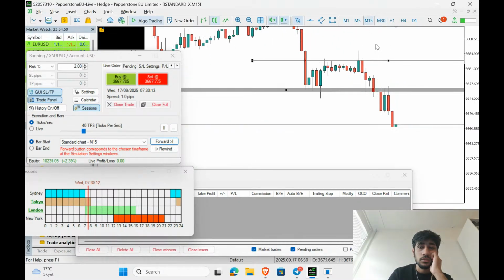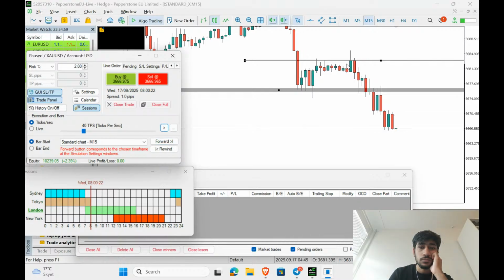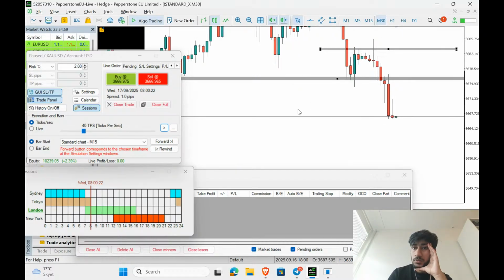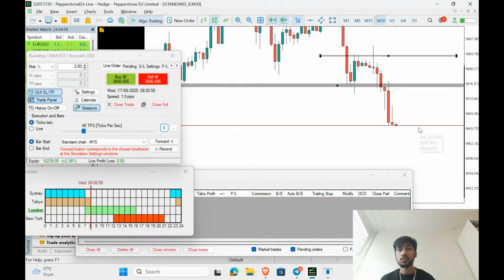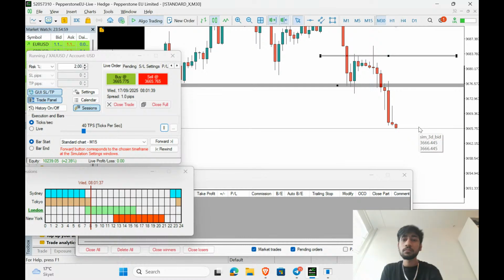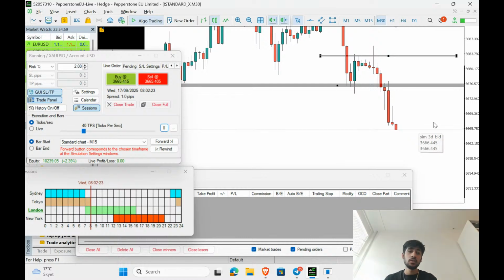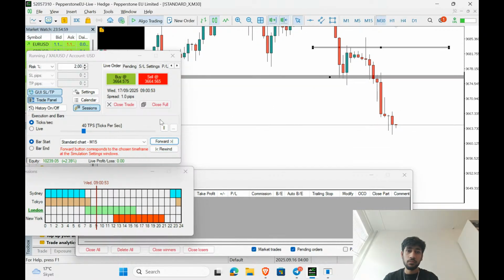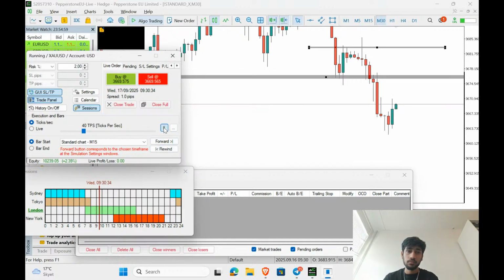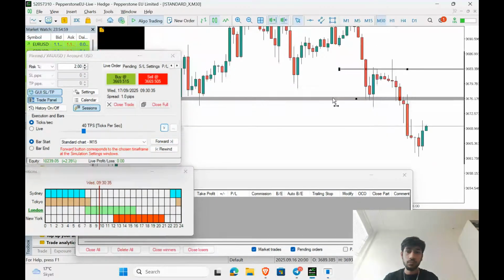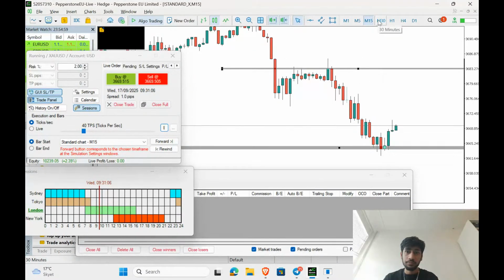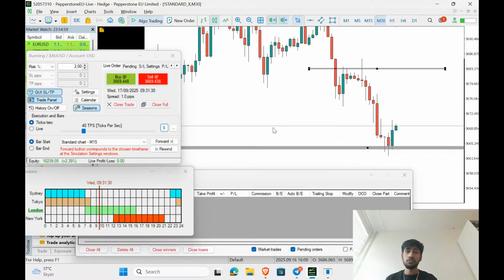I need some market structure. Did we form support to move up?